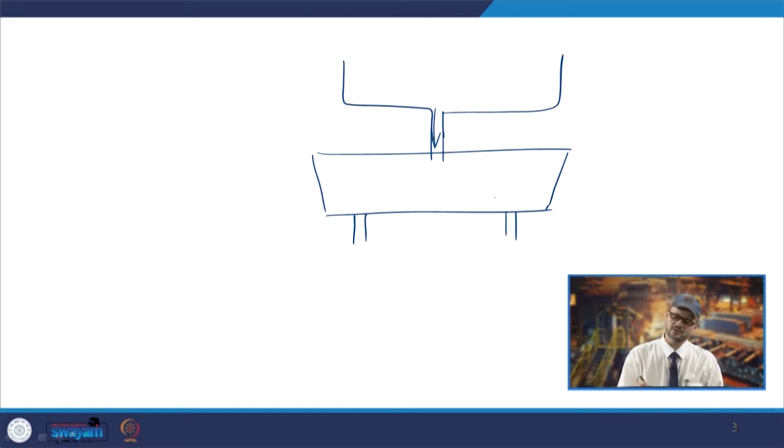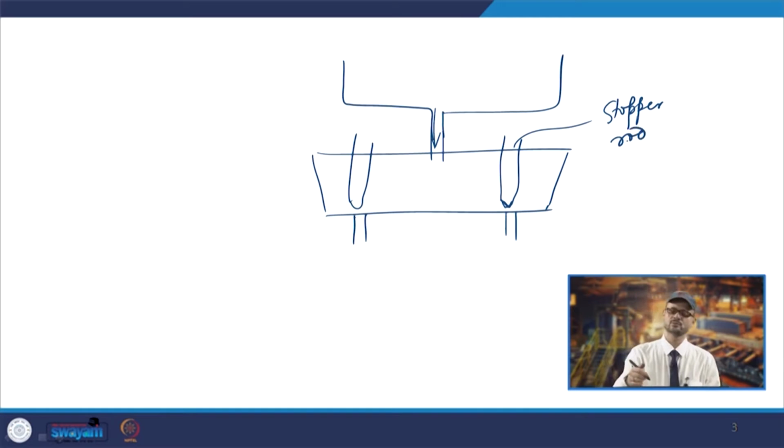In the normal case, one stopper rod is also there. This is known as a stopper rod. As we are discussing, the stopper rod controls the flow. You can put the stopper rod in this zone, and that will regulate the flow of the liquid steel to the mold.